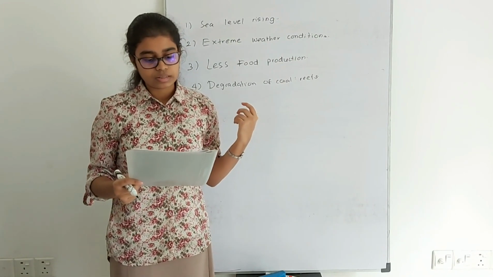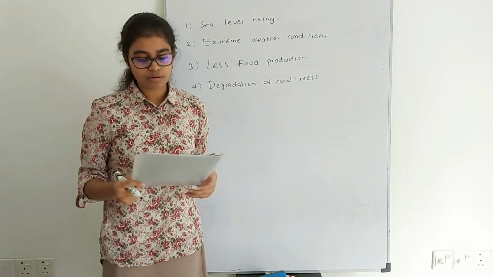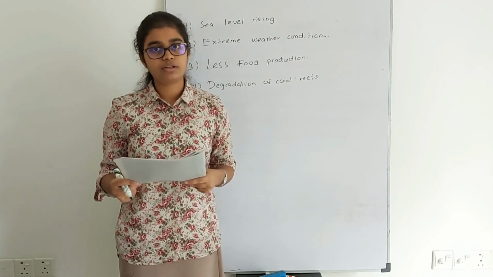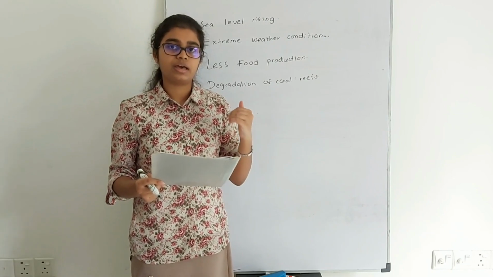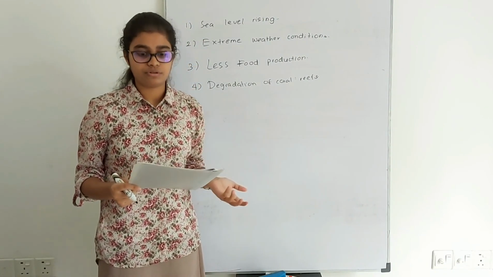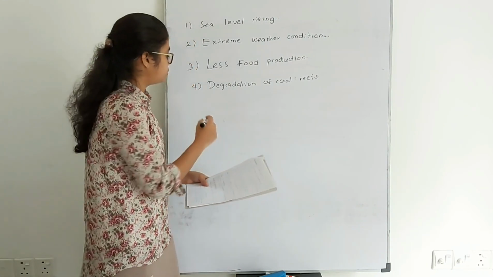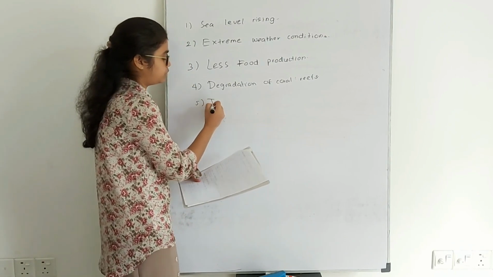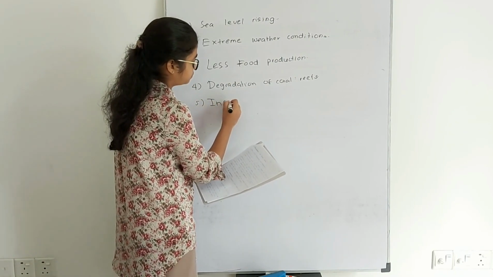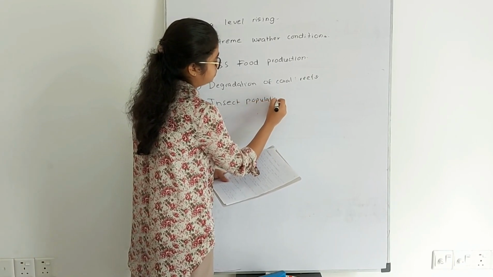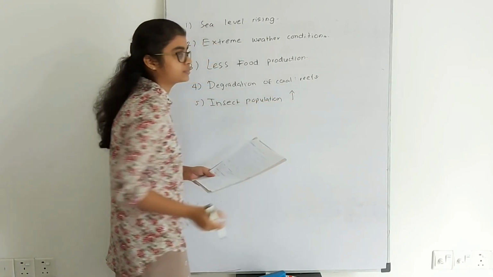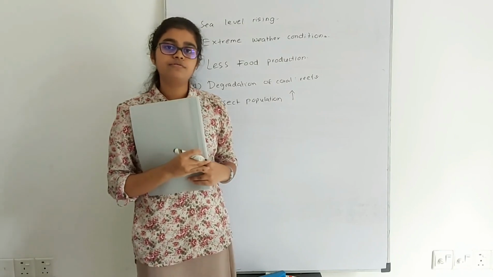According to recent reports, coral populations will collapse by 2100 due to the increased temperature and acidity of these oceans. And the increase of the insect population is another effect of global warming.